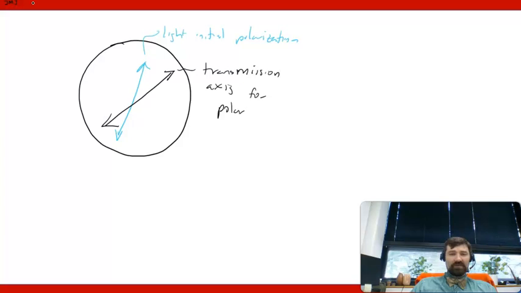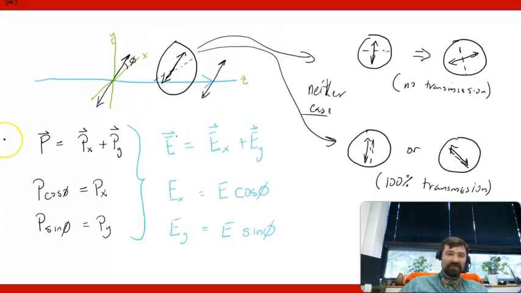And so what will happen? Well, we end up with some angle between the two of them, theta. One way that we can rectify this is that we can go back to this and say, well, over here I had a polarization direction, and I said I have an EX and an EY, and the EX and the EY can add up to this total polarization, and they're related via these cosines of these angles.